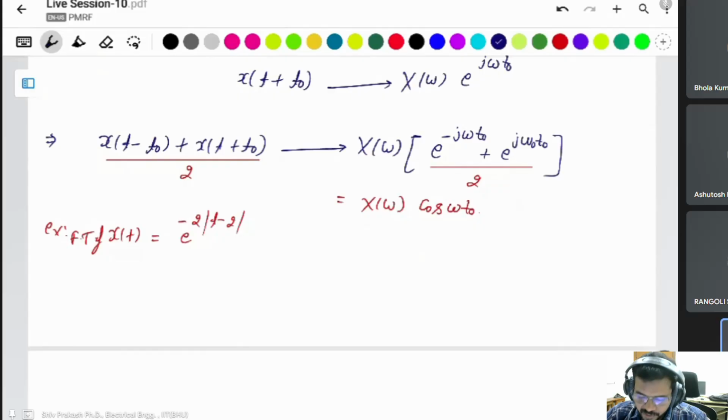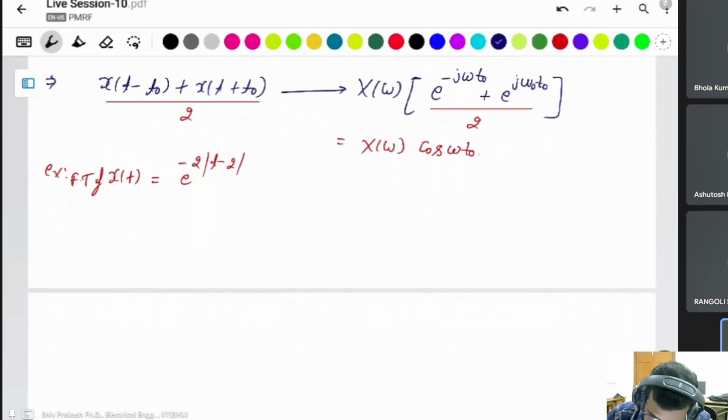For that type of system, you know about e to the power of minus a mod t. The Fourier transform of this will be 2a divided by a square plus omega square. A here is 2, so 2 into 2 divided by 4 plus omega square.